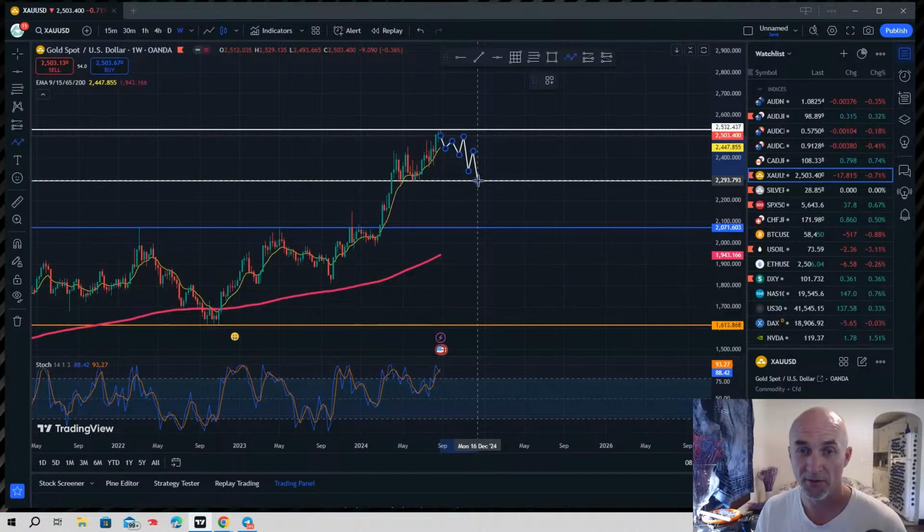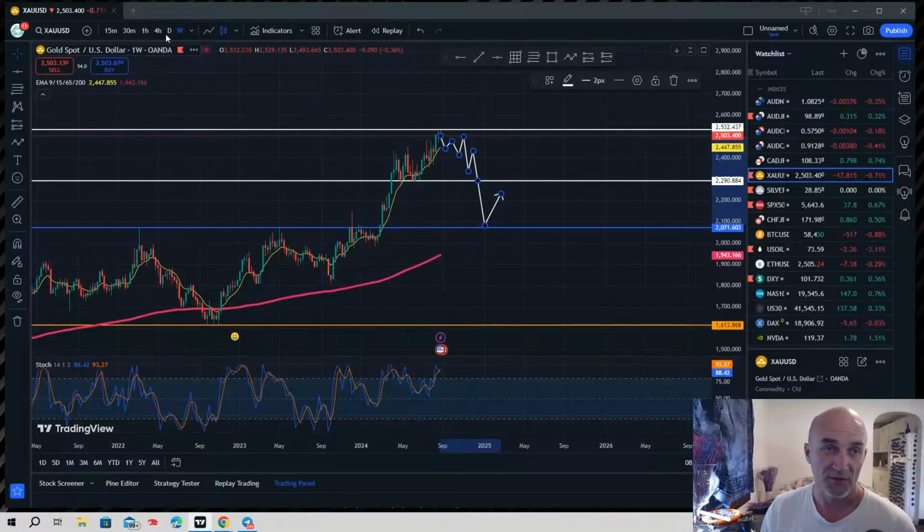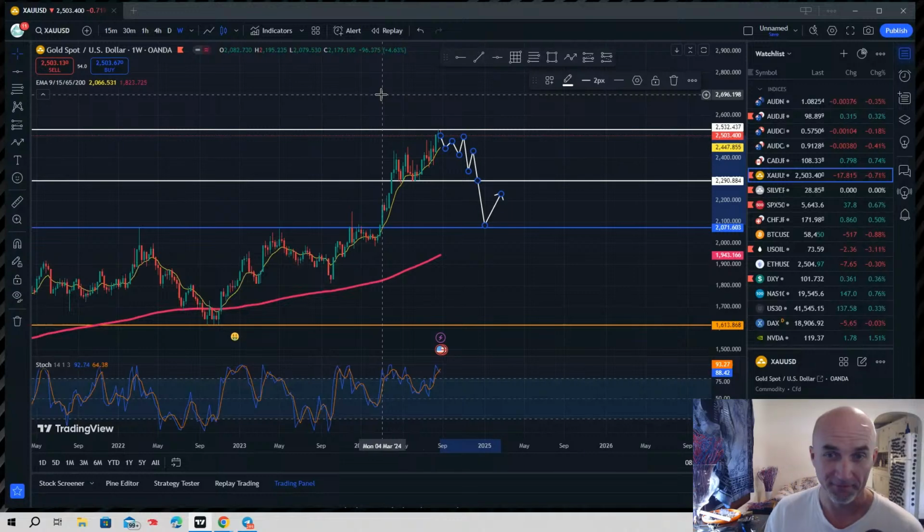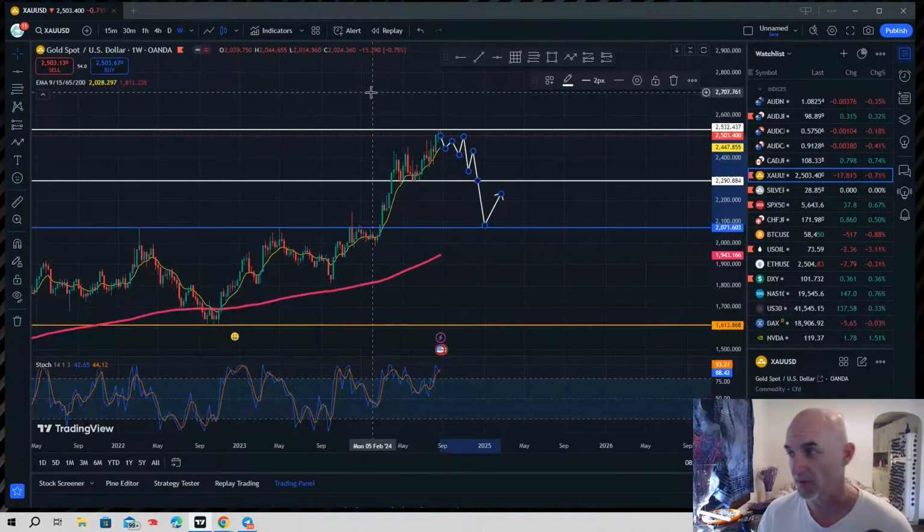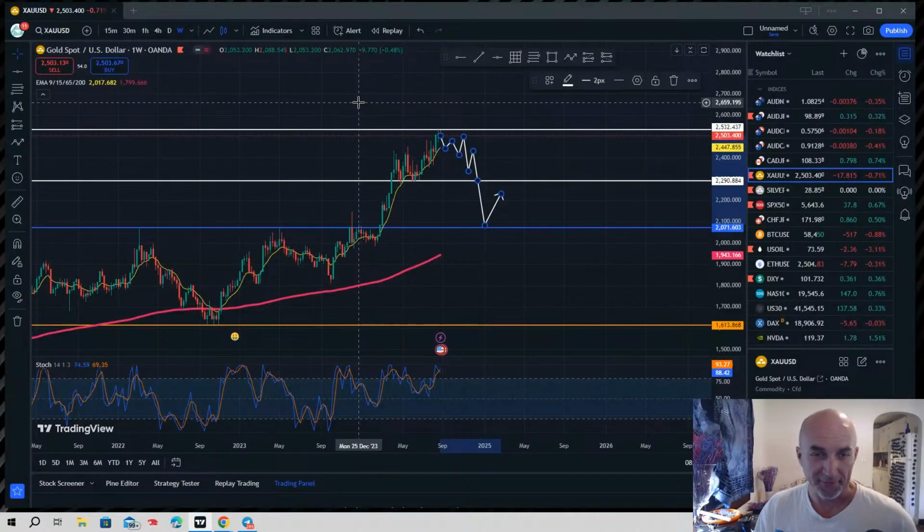We're going to pull back down. I want it to come back down. I'm just going to do that. And then we'll see. Because this is the weekly chart, for it to make all that movement, it's going to be another month or so. Plus some. So let's do it.